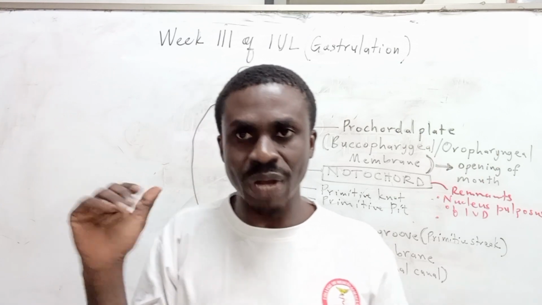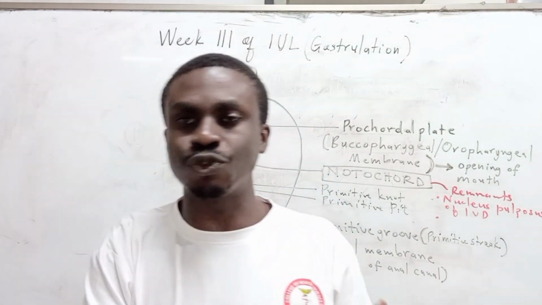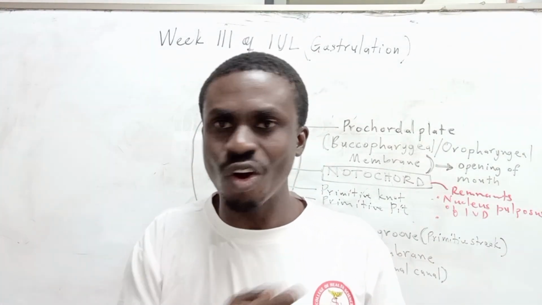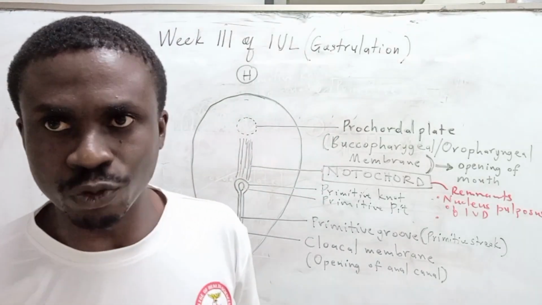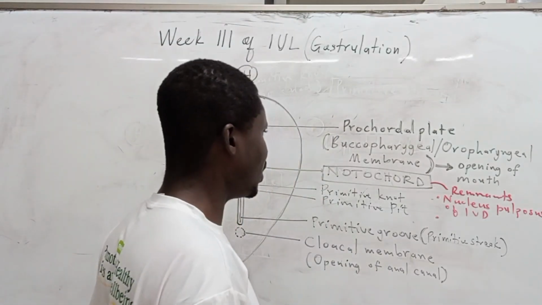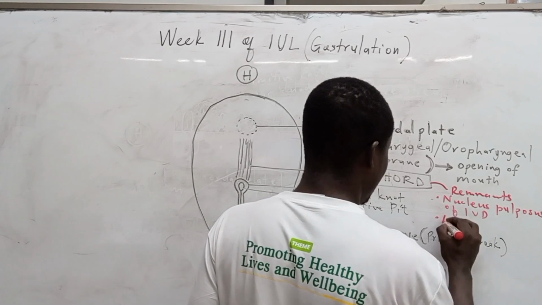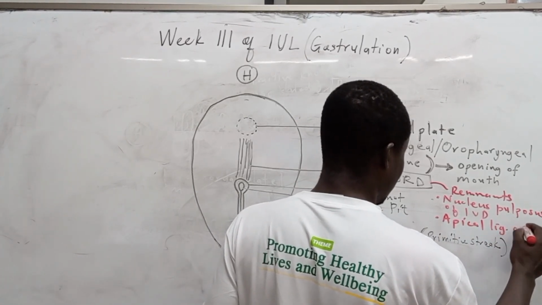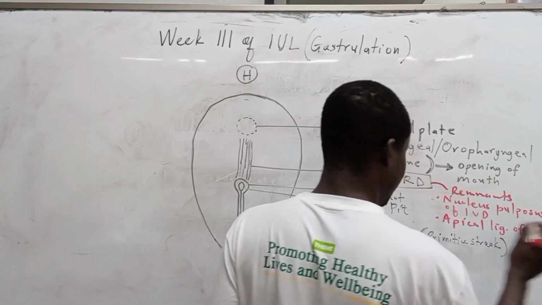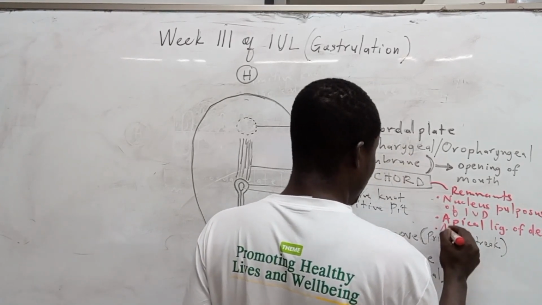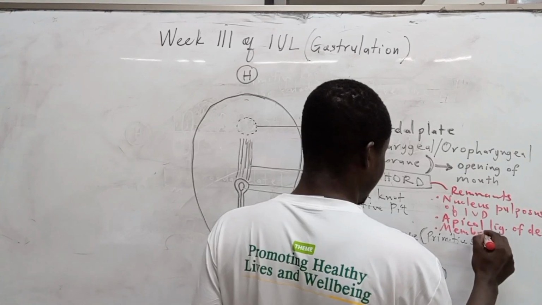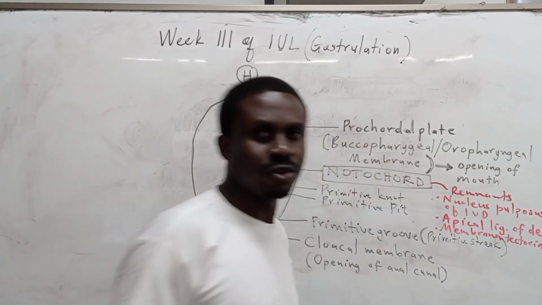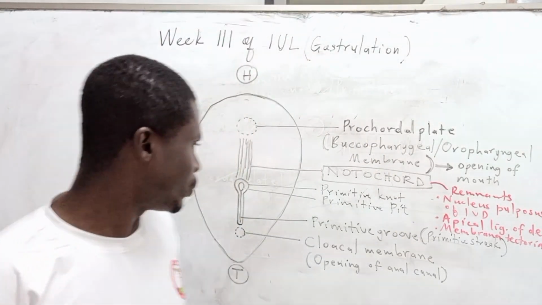That one is also a remnant of the notochord. So we have the apical ligament of the dens, and we also have the membrana tectoria. That's one thing you should know.